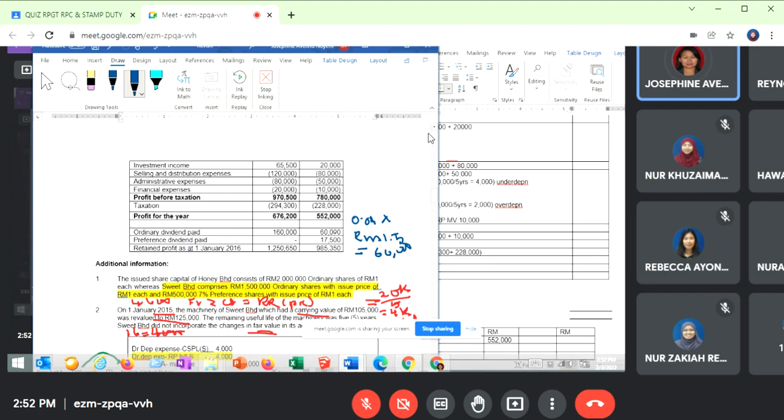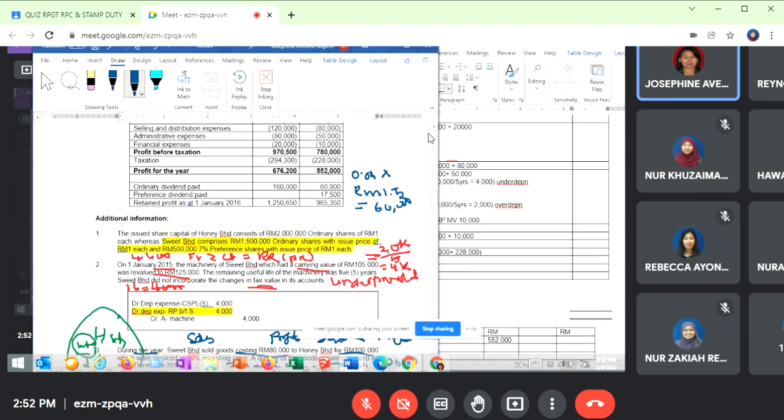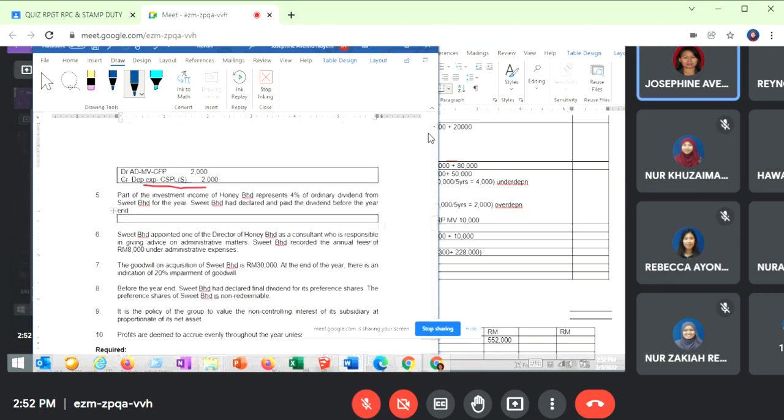Okay, so this figure is already recorded. All right, and the parent company has also recorded income. So how much is the parent's share of this 60,000? The holding's interest is 80% of 60,000, that is 48,000.